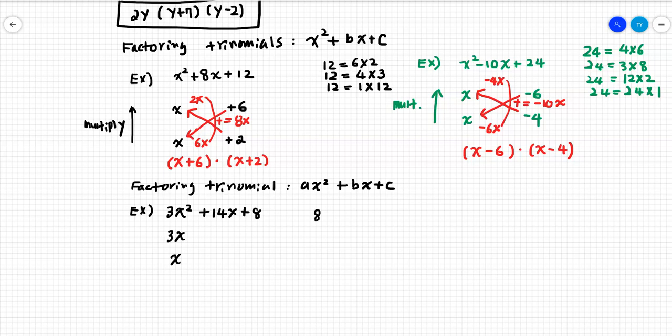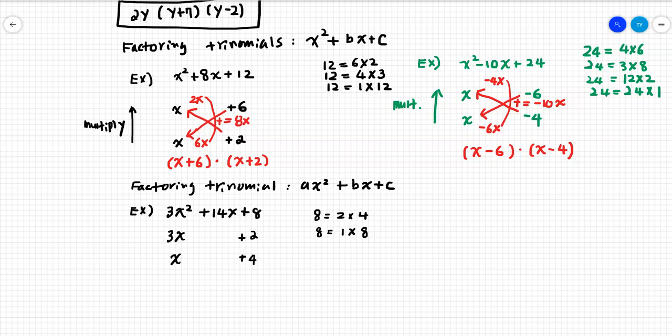Now, 8, we can have 2 times 4, or 1 times 8. You can choose either one, but we're going to have to end up with a 14 in the middle. So I would probably go with 2 here and 4 down here, both positive.